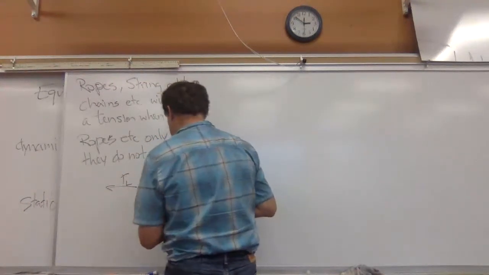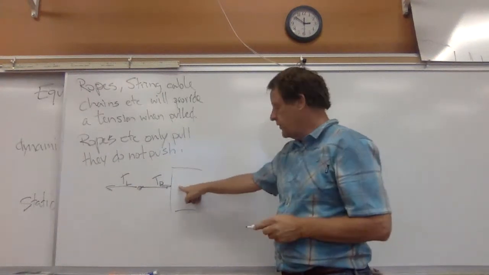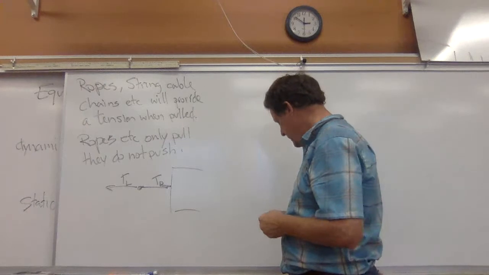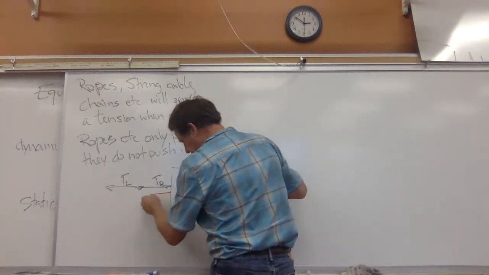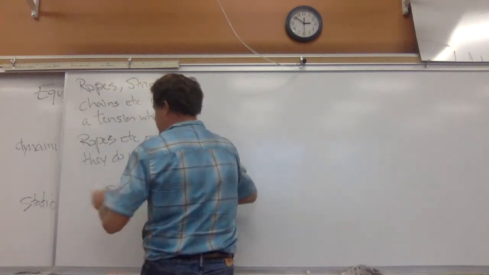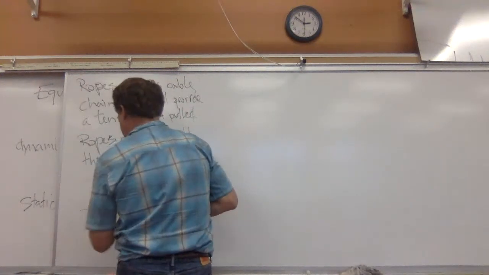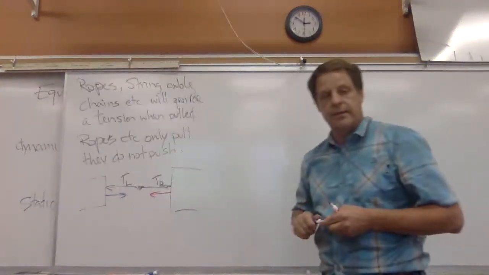Now, if this is attached to something, that means this rope right here is pulling this object to the left, and if there is another object, then it is going to be pulling this to the right.